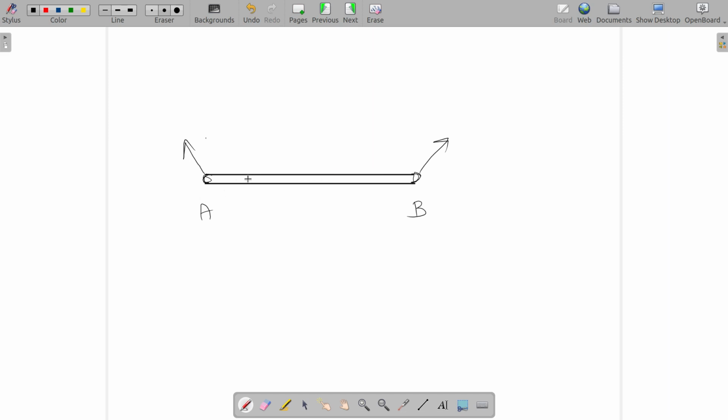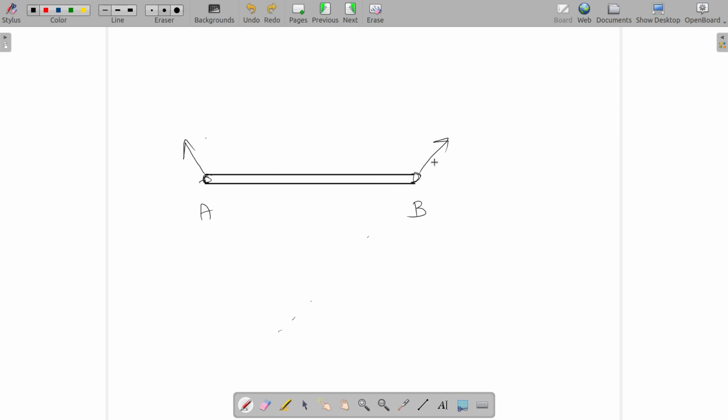Is this possible? This is not actually possible, because when you have such external forces on this member, there is a net moment. If you take moment about this point, you can see that there is a net moment about A or any point. So this is not possible.